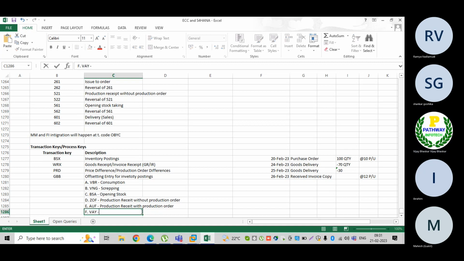The next one is VAY. VAY is the delivery where the sales account is not created as a revenue element, in case CO is not implemented.